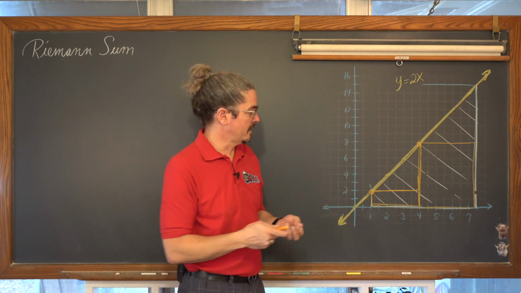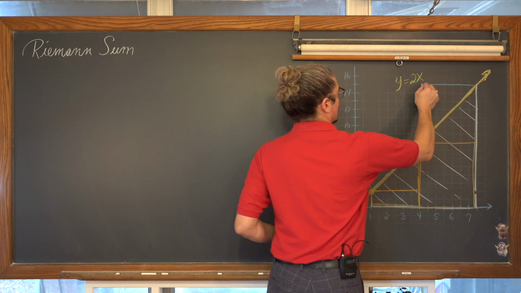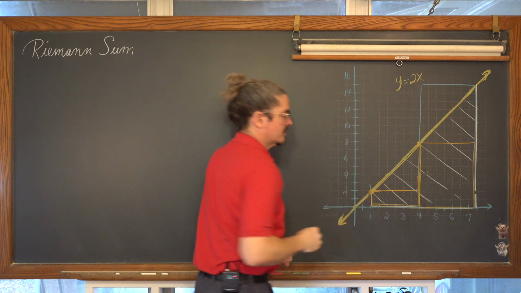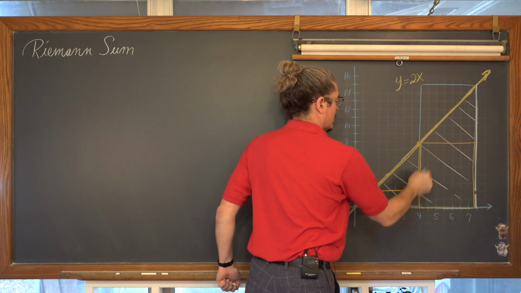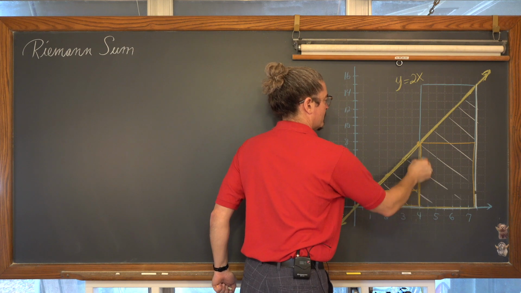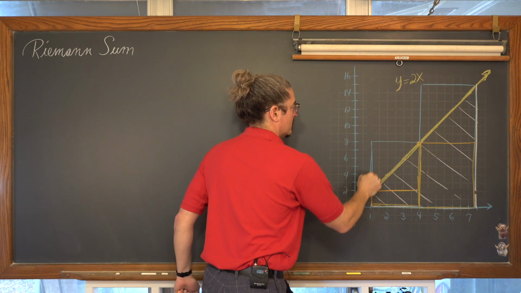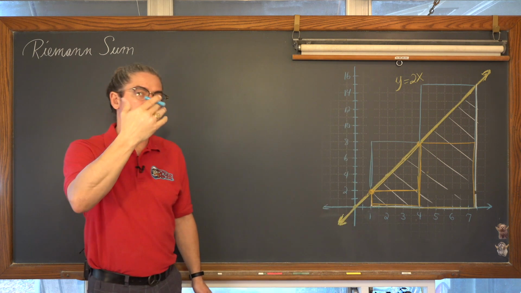We can do the same with the right Riemann sum: go to 7, up and over 3, let that go all the way down, and then have that interval from 1 to 4, go to the right side of the interval at 4, 4 times 2 is 8, and get that height, and have lost that same amount of area, that same amount of overestimation.